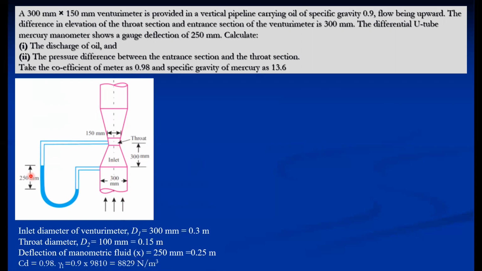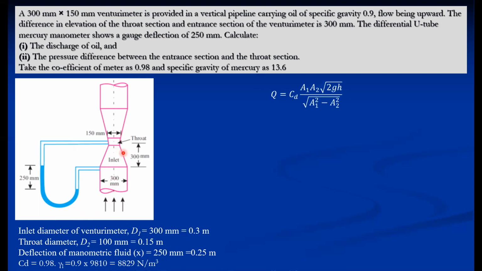Deflection of manometric fluid is 250. Here it is a printing mistake. X is 0.25 meter. The Cd value given is 0.98. Now here the gamma value is for the liquid, that is 0.9 of 9810. So the gamma value is not 9810, that is only for water.